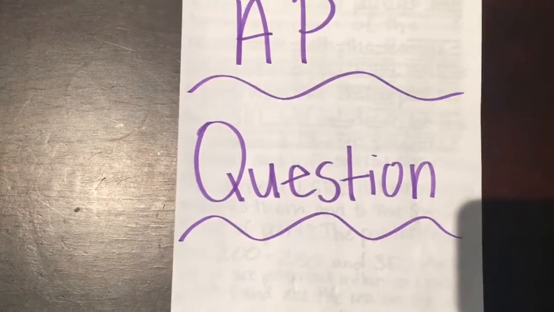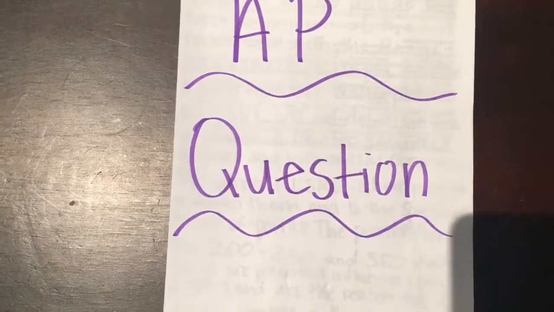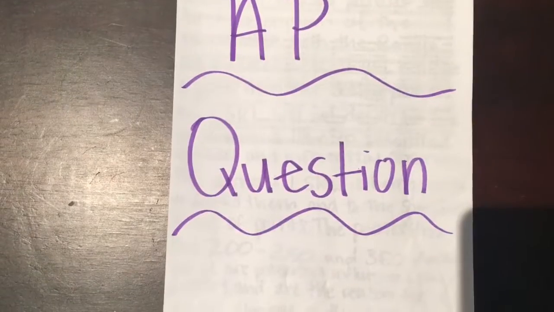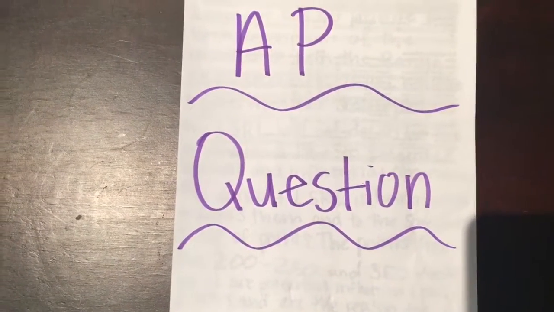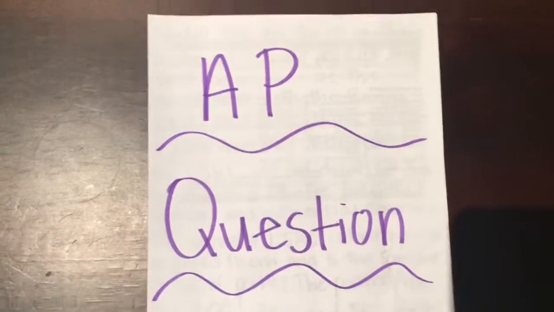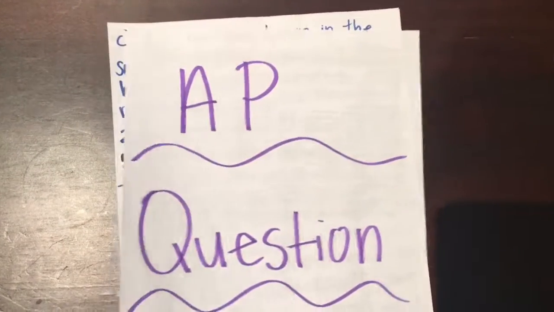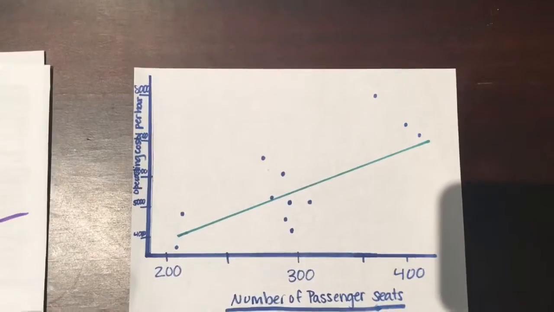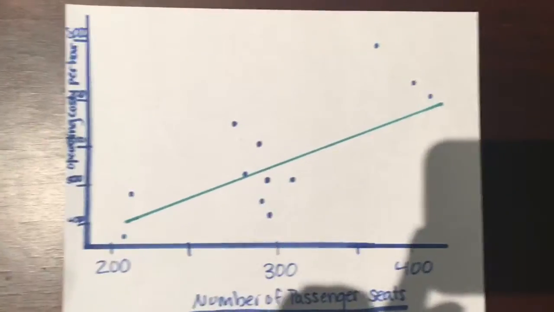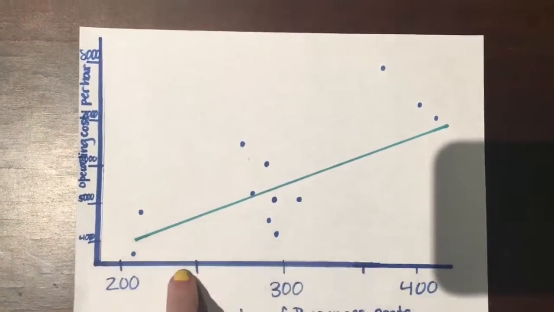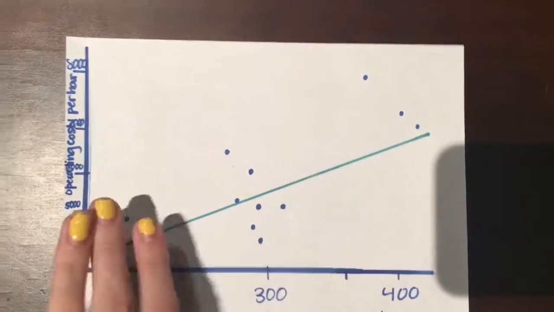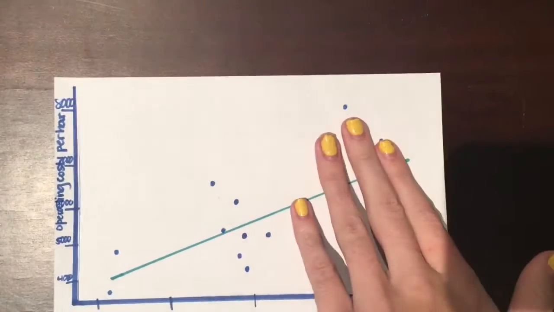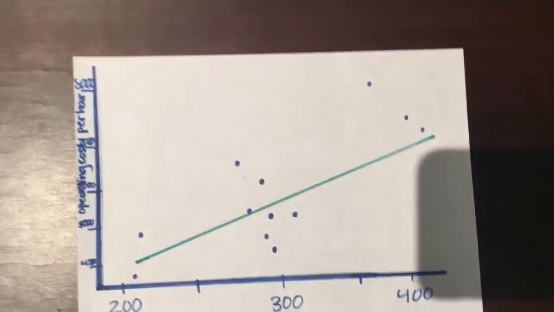Does the line shown in the scatter plot still provide the best description of the relationship for data in this range? Why or why not? So basically what this question is asking is if we were to decrease the range of these plots to just 250 to 350, would this line still describe the data?